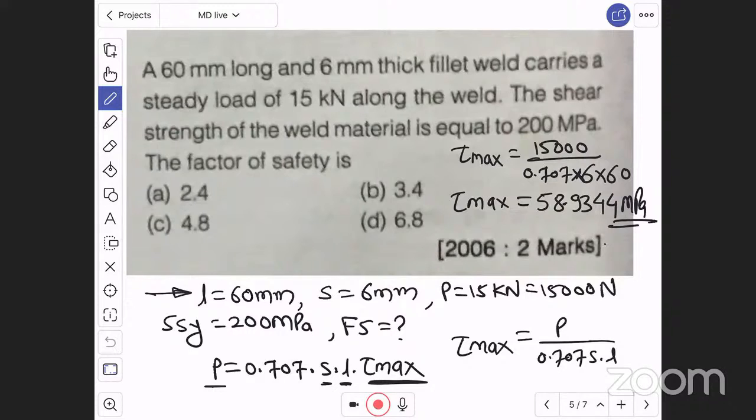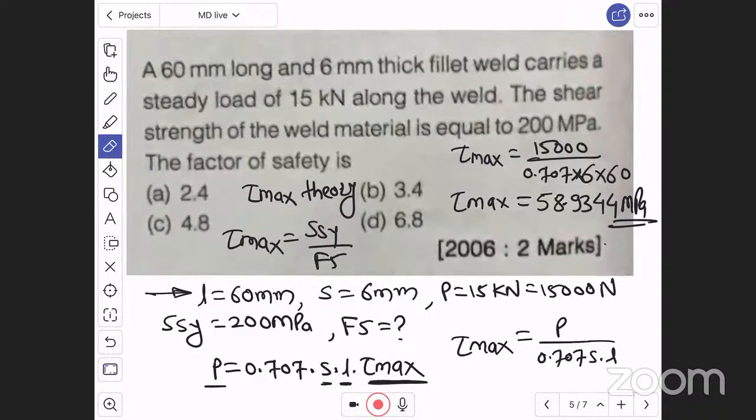And as per maximum shear stress theory, that is tau max theory, what is tau max theory? Maximum shear stress theory, my dear students. This maximum shear stress is equal to shear yield strength divided by factor of safety. Now put the values.